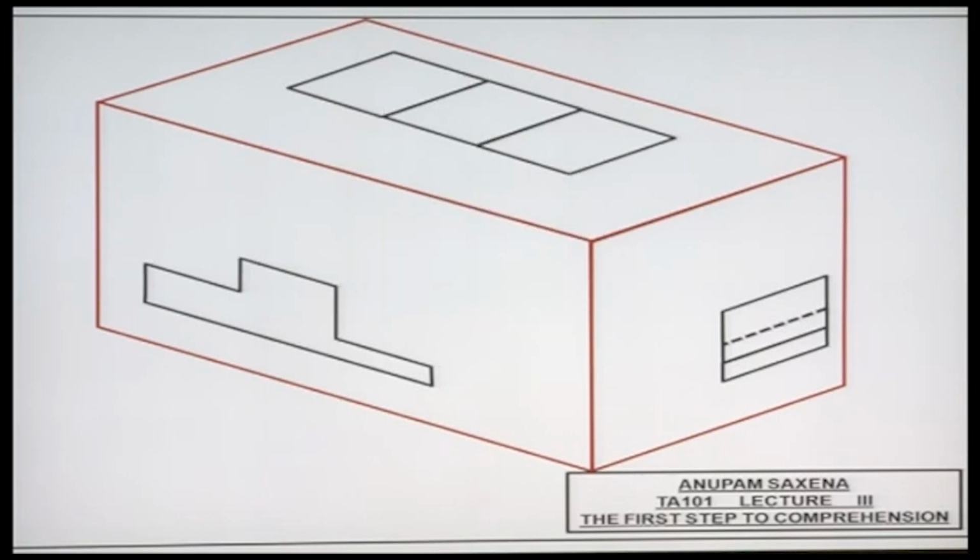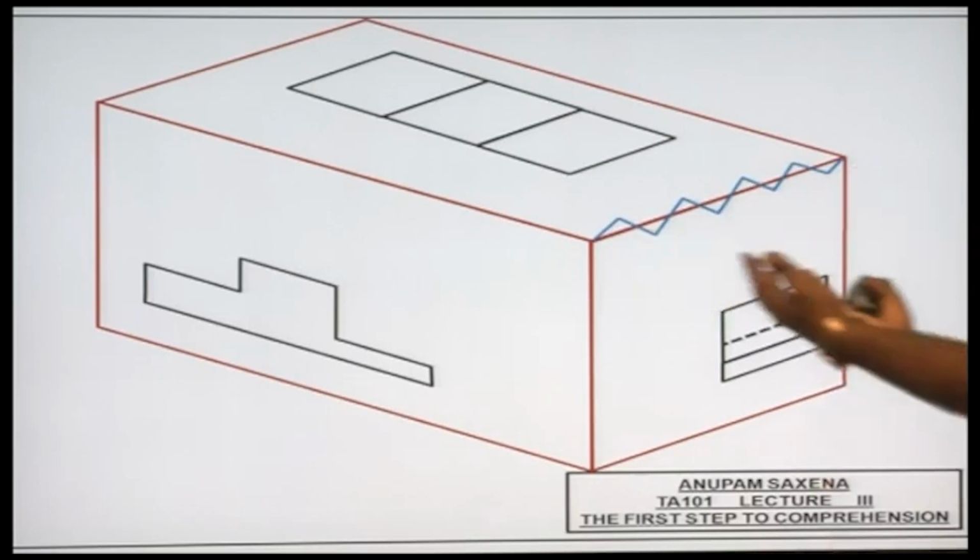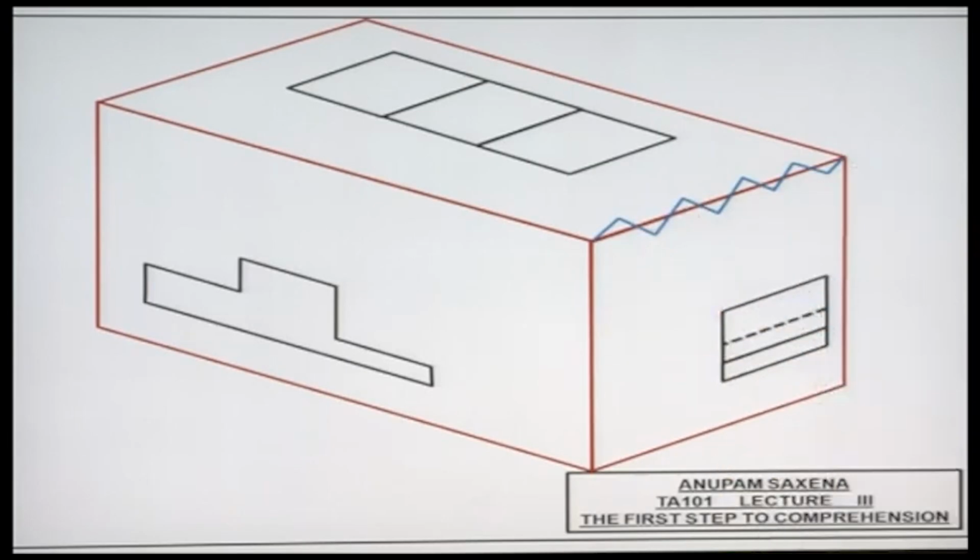All right, so once we have captured these images from 3 different directions, okay, I'll rip this edge off and I'll rotate these planes, okay, so that they happen to lie on the same plane, 2-dimensional plane.